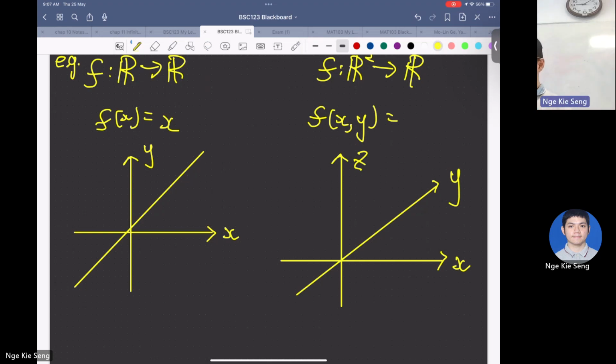Let's just take xy equals to 0 or 2. Okay, let's put 2.